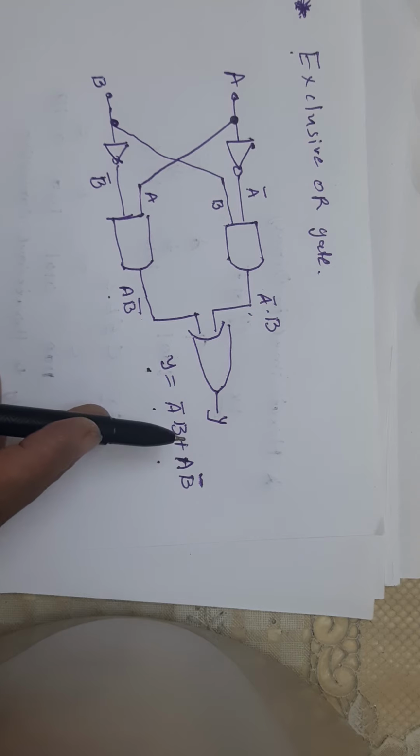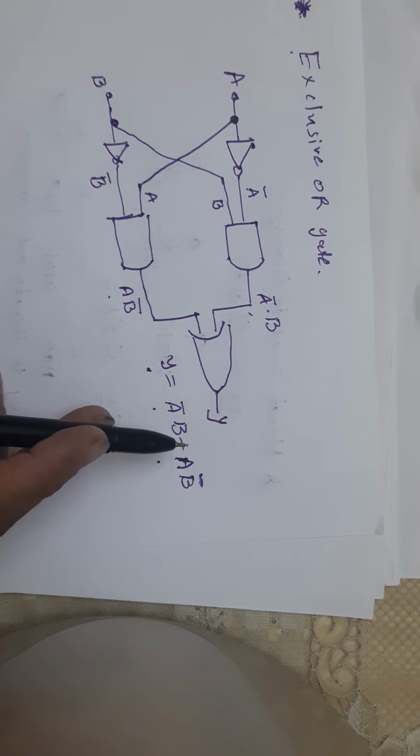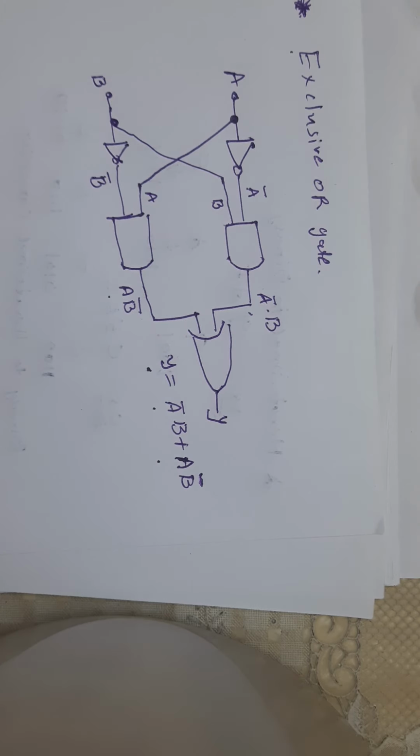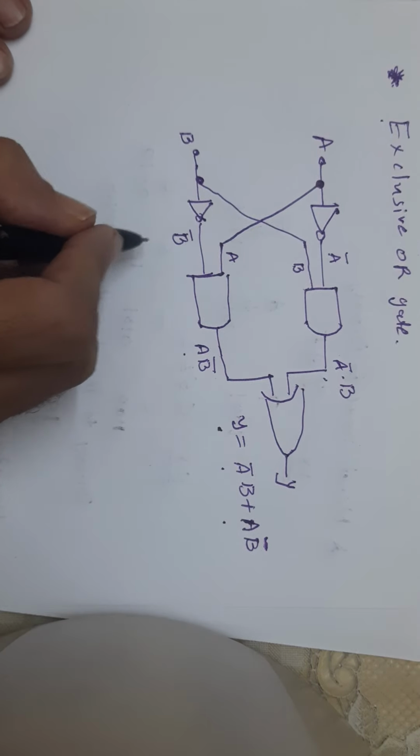If A is low and B is high, the upper AND gate has a high output, so the OR gate has high output. Likewise, a high A and low B result in a final output that is high. If both inputs are high, both AND gates have low output, and the final output is low. So the truth table of the exclusive OR gate looks like this.